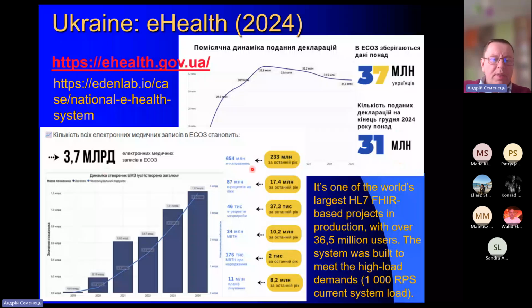And here we have a growth chart which represents huge growth within recent years when the second care level was added, and registration of all medical encounters in digital format became mandatory since 2021.